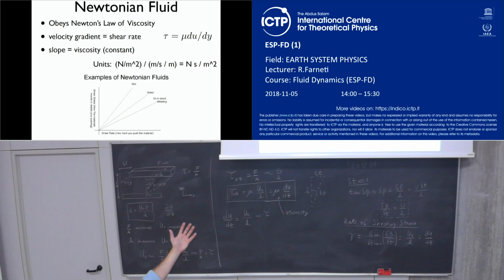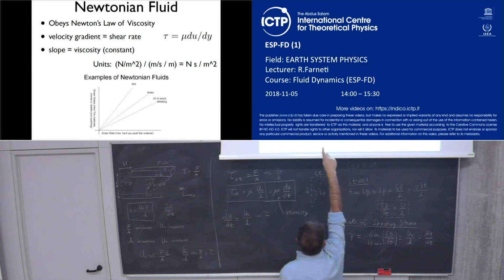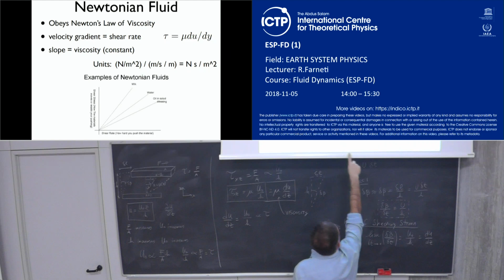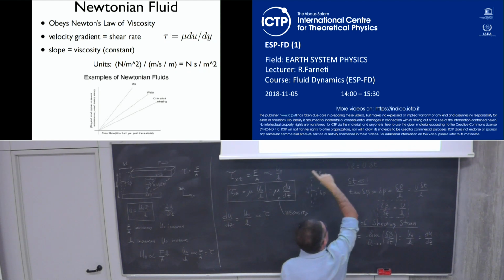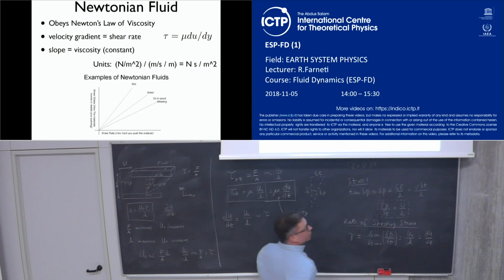And so the velocity gradient, which we also call the shear rate or the shear strain, is du by dz, okay? And there is a slope which is given by the viscosity. So you can plot your shear stress on the y-axis, your shear rate, or du by dz, your velocity gradient, and then the slope of that line is going to be your viscosity. And there are different slopes, different viscosity for different fluids.